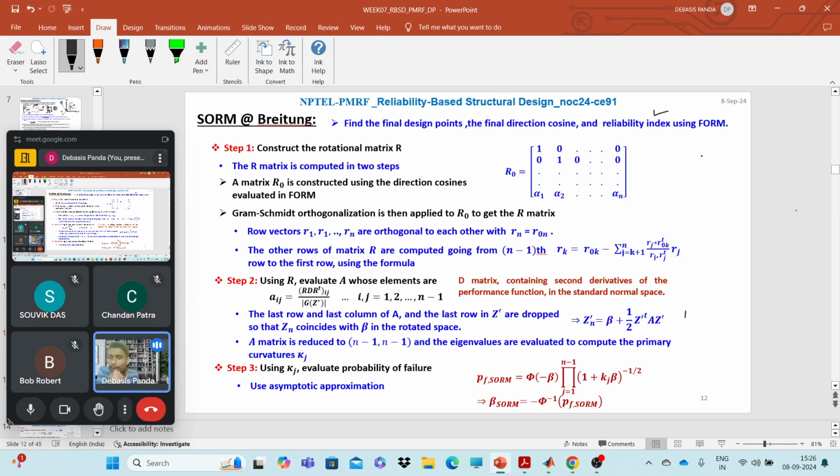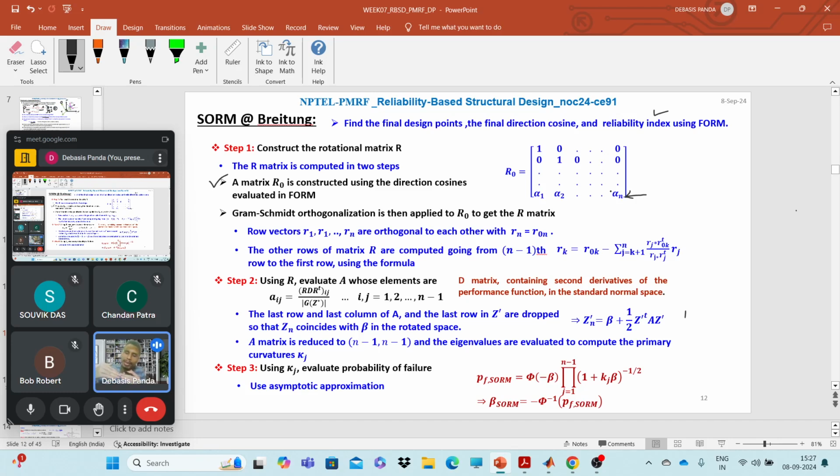Now once we have the final alpha, we can construct the R matrix. R is the rotational matrix. The R matrix is formed in two steps. First, we form the R naught matrix. R naught contains the direction cosines as the last row, because in the transformation, the last variable should coincide with the alphas or the betas.